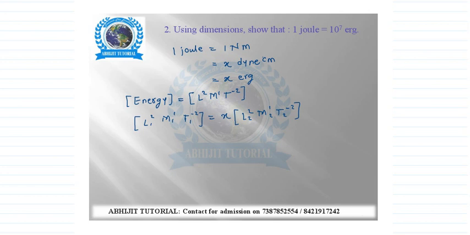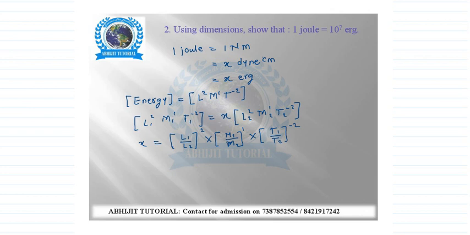So from here we can write x as L1 by L2 to the power 2, into M1 upon M2 to the power 1, into T1 by T2 to the power minus 2.